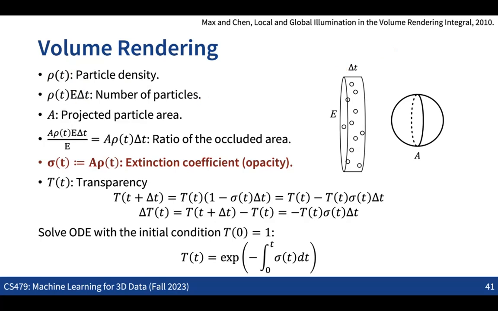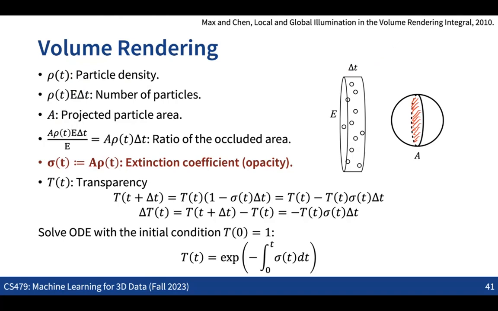And what the A means is the projection area. So when you assume that all the particles are spheres like this, then this area will be the projected area of each particle.